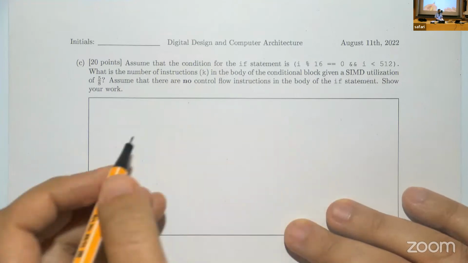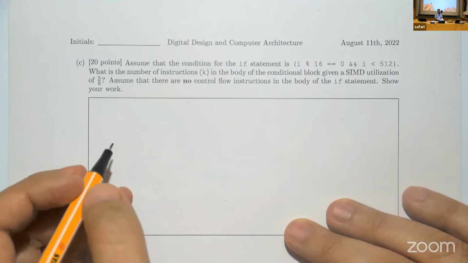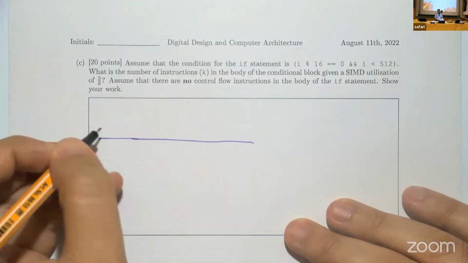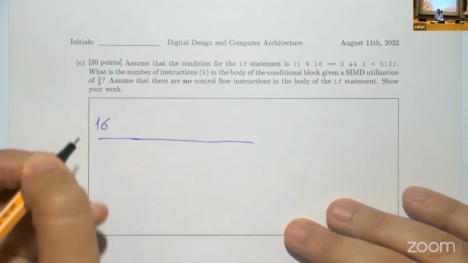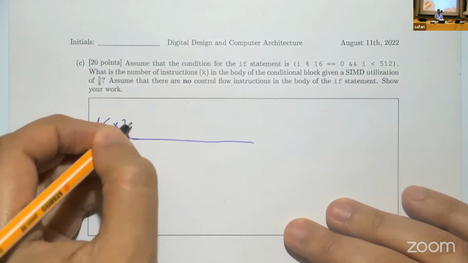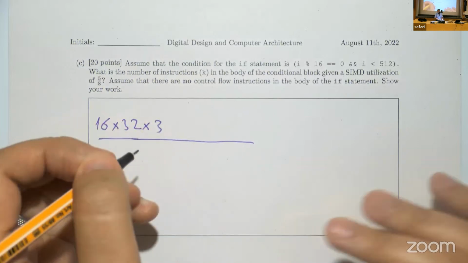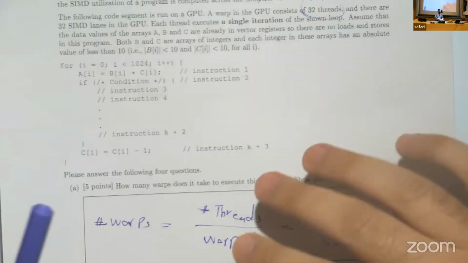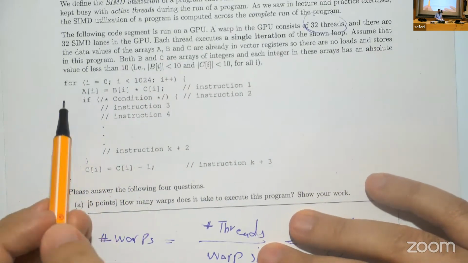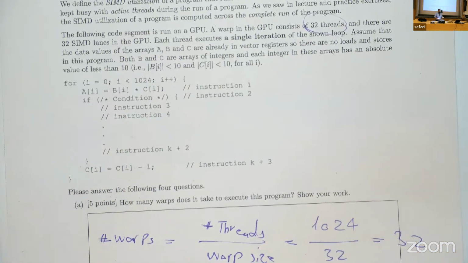So when you want to write the equation for this new case, you need to consider different warps. There are 16 warps that all have 32 threads, and all threads run only 3 instructions, because they run this, and since they don't take the branch, they only run the last instruction.